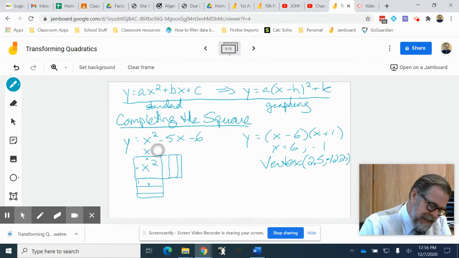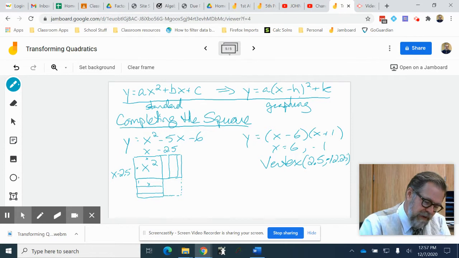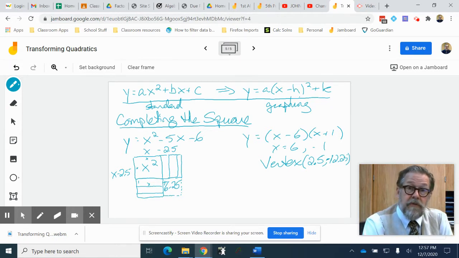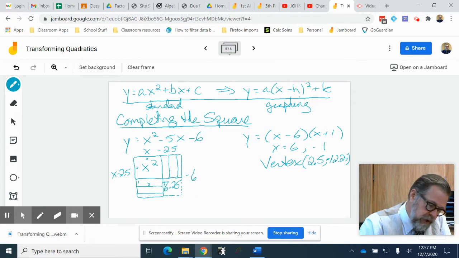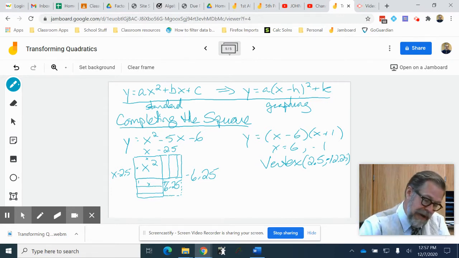And what I get is x minus 2.5 and x minus 2.5. If I fill in this corner, I will get a square. Well, when I fill in this corner, 2.5 times 2.5 is 6.25. So I'm just going to add in 6.25 in order to fill that corner, and then I'm going to subtract 6.25 to balance out what I added. I've now added and subtracted the same amount to this diagram.